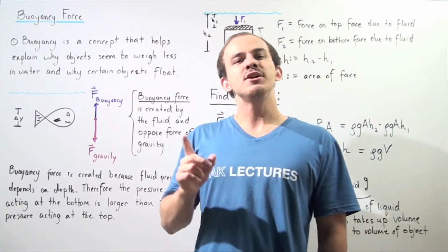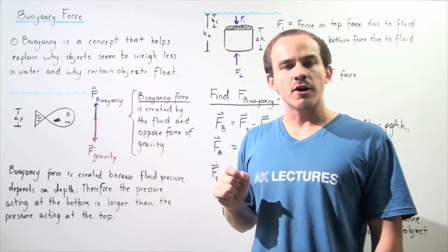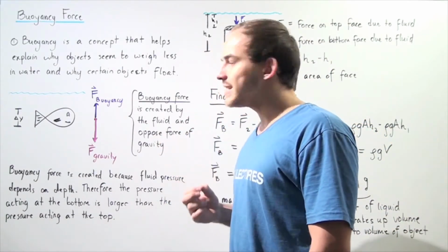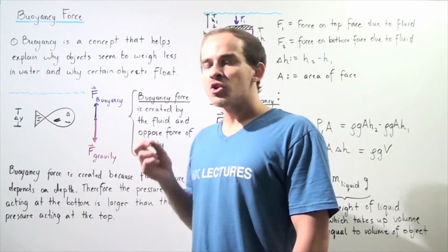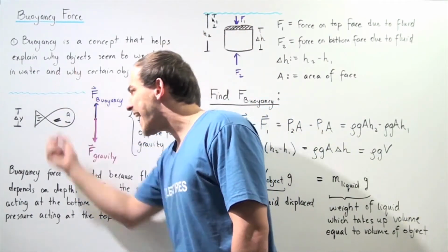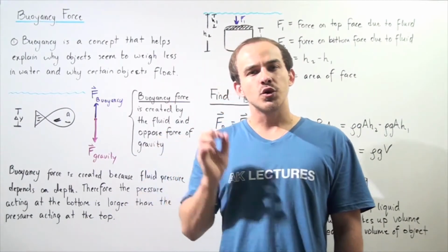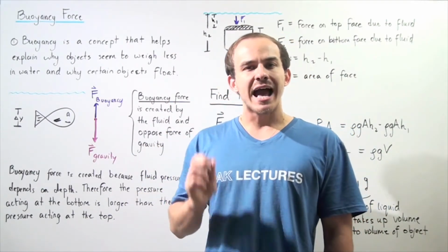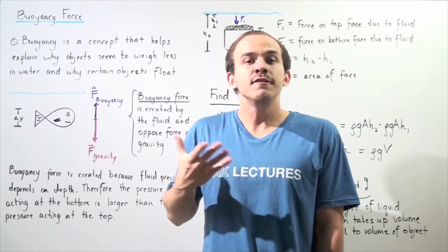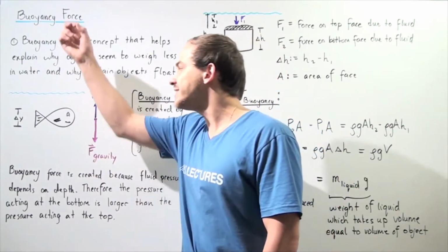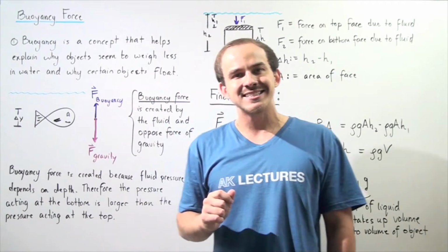So let's examine all the forces acting on our fish along the y-axis. One force is the force of gravity, which is pulling our fish downward along the y-axis. If the force of gravity was the only force acting on the fish, then the fish would not be in static equilibrium and would travel downward along the y-axis.